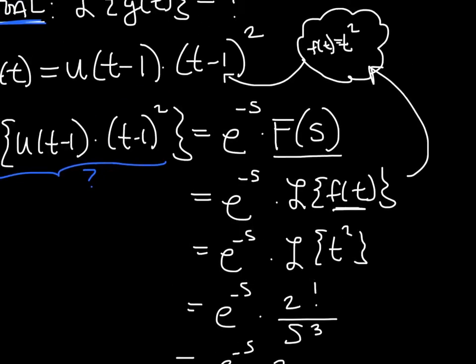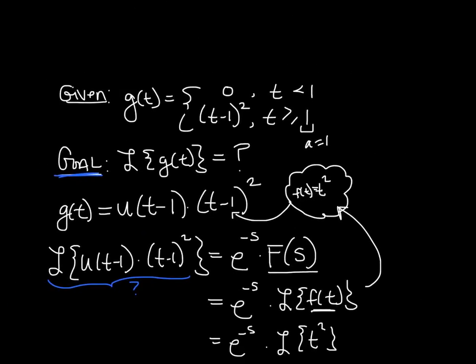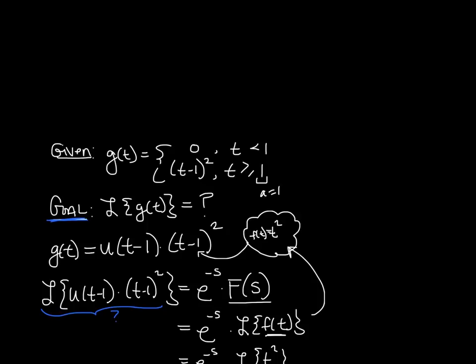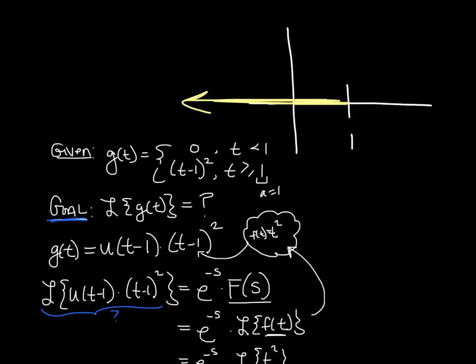And if you wanted to sketch this function, you don't have to, but I would actually encourage you to sketch it. Here we're at 1, and the switch is turned off when t is strictly less than 1, so it's not included, and we should have an open circle.